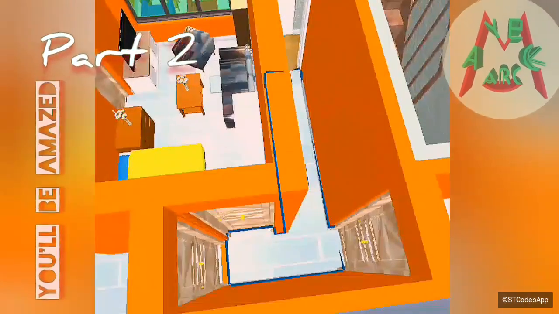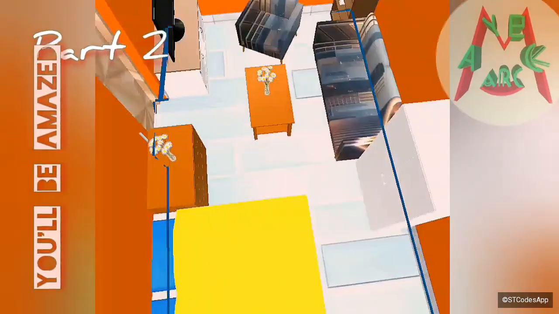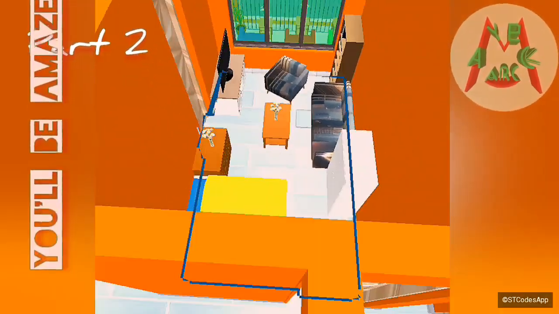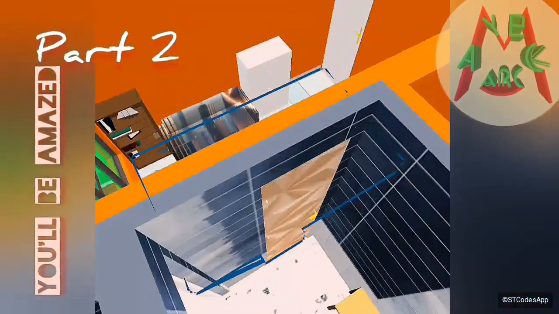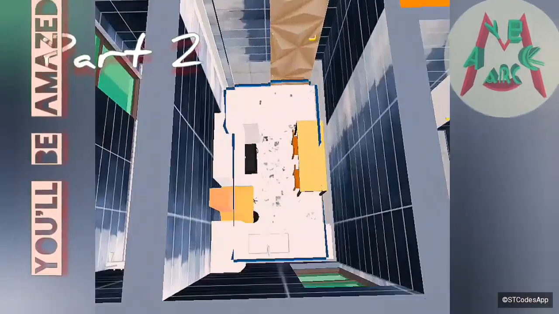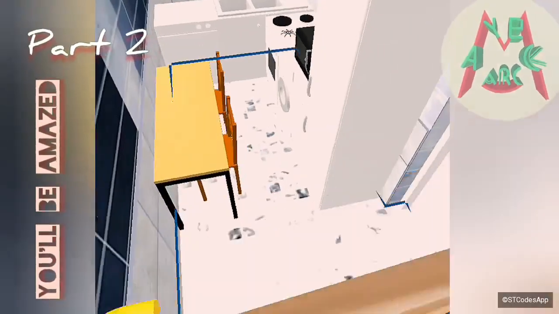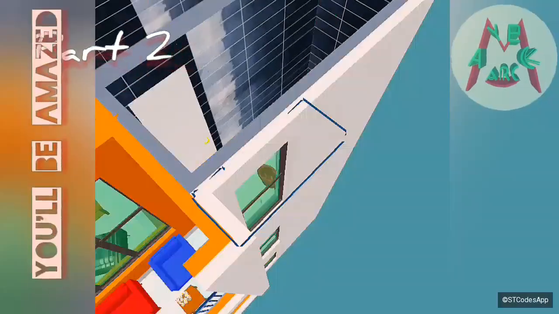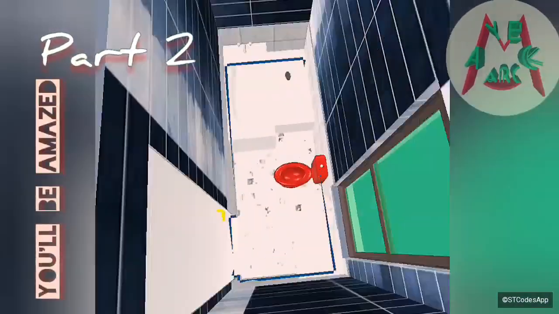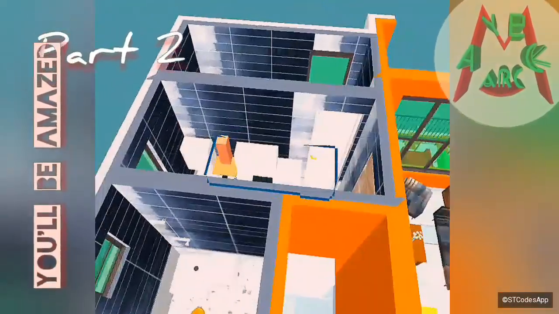And we got another room here. You see this room, it also comes with its own kitchen and bathroom. See, kitchen option right here, dining, and it also comes with its own bathroom.